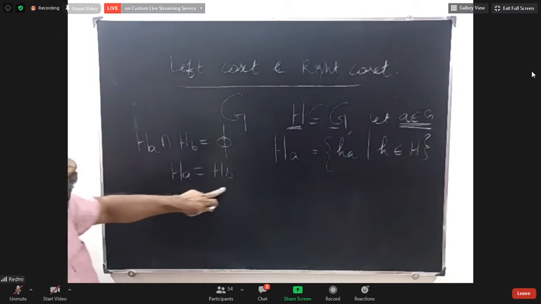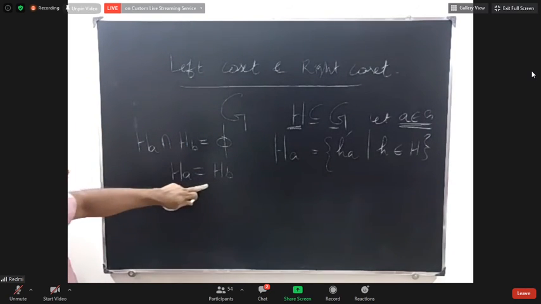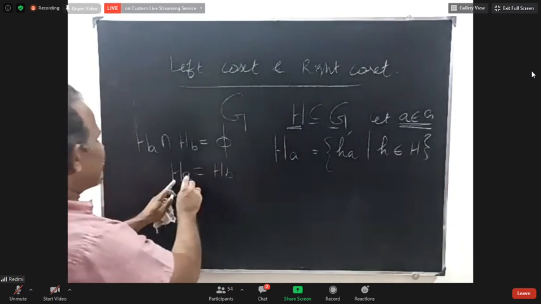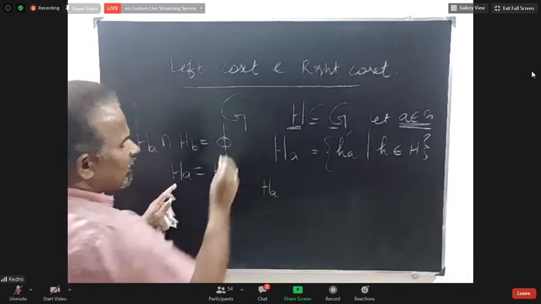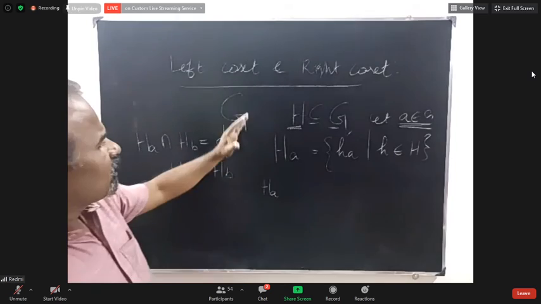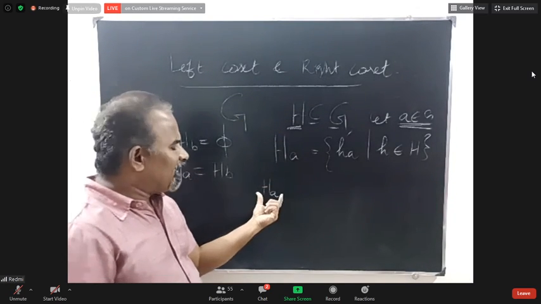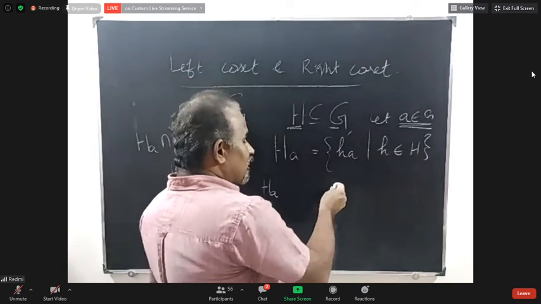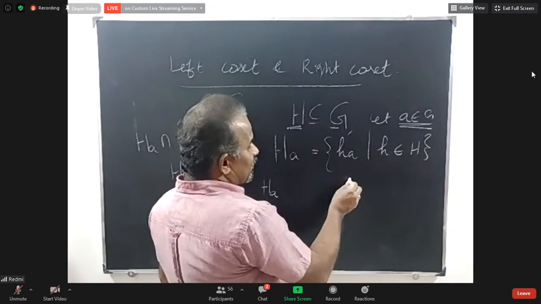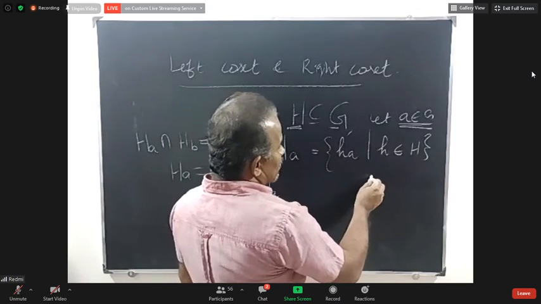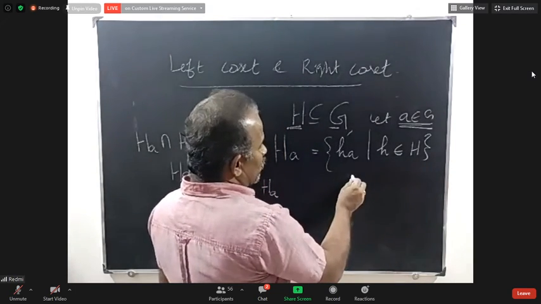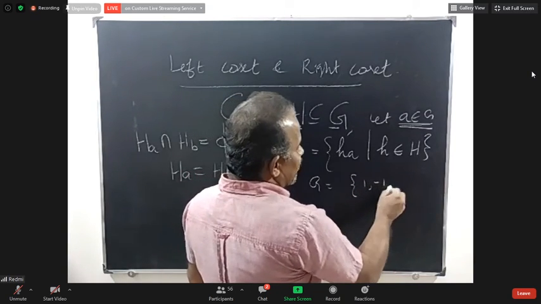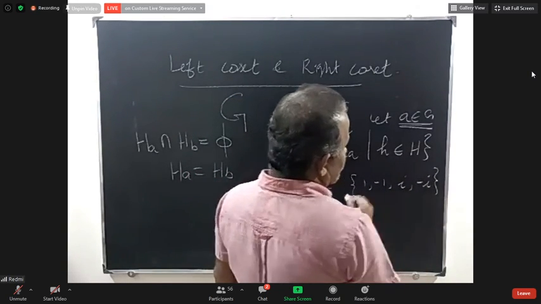Why have we taken this coset? If you take one A belonging to G, you will get one HA. The elements of H will not be altered in the elements of HA. For example, let us take a group G equal to {1, -1, i, -i}.